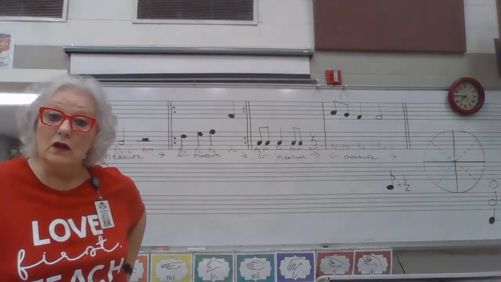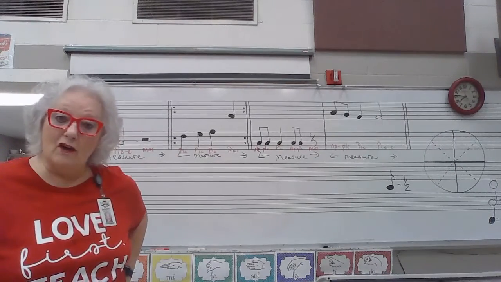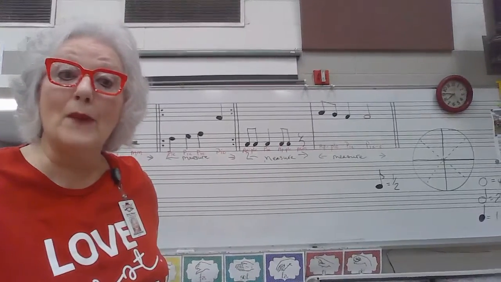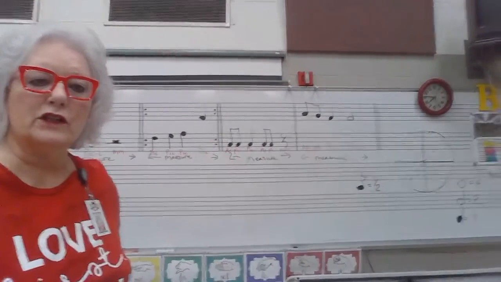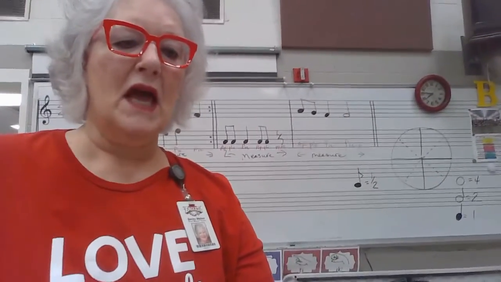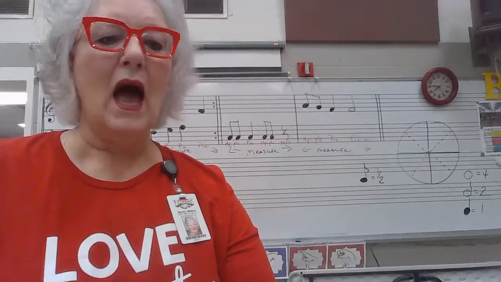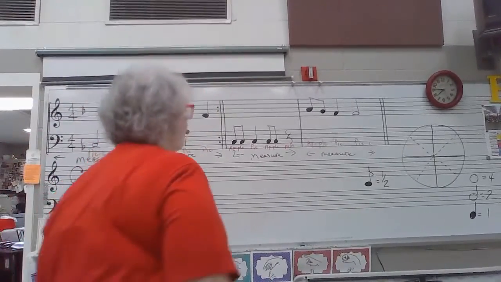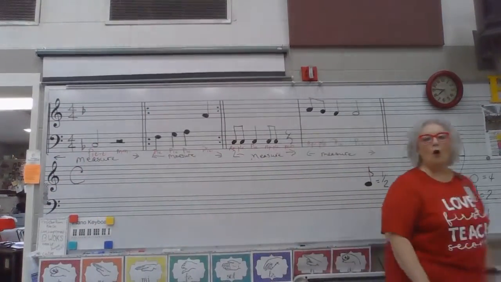Now, I say that because if we know what the whole note is worth, then we can figure out the others. When we look at our note values and we look at how to divide up our notes, let's look over here just a minute. I've drawn, I guess you might say, a circle. I'm going to refer to it as a pizza. We have a whole pizza here.